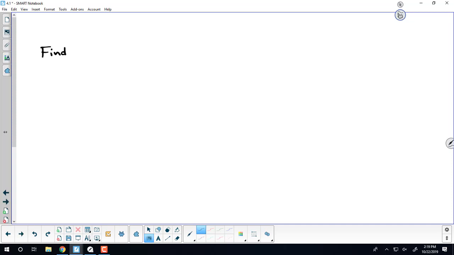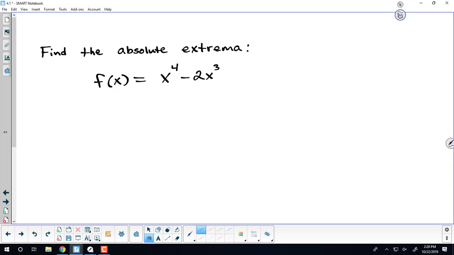So instructions are to find the absolute extrema. Just look at a polynomial to get a sense: x to the fourth minus 2x cubed on the interval from -2 to 2.